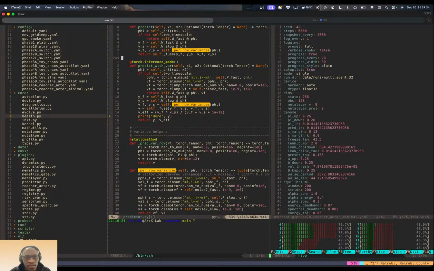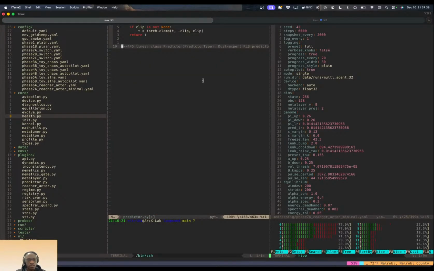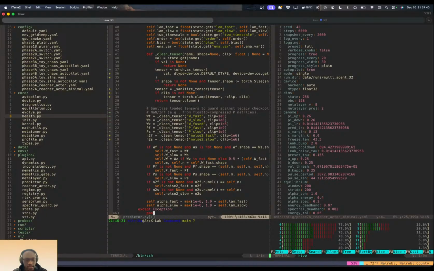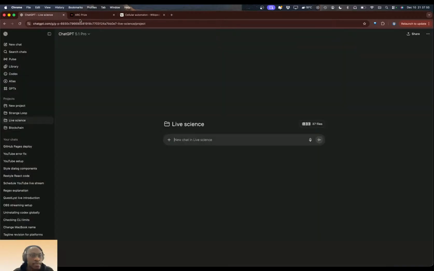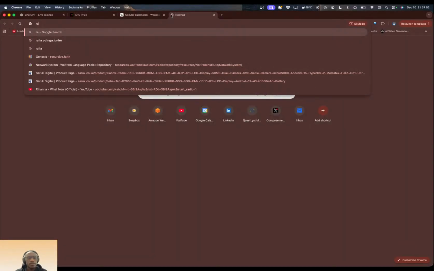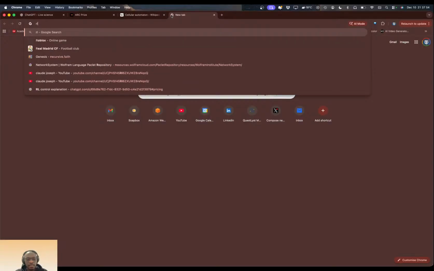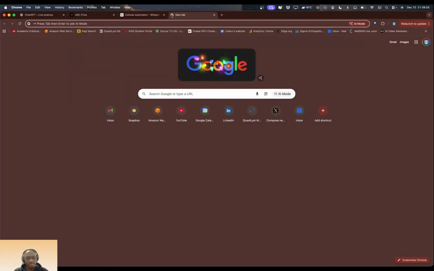I should mention that what we're using for predictor is RLS, recursive least squares.